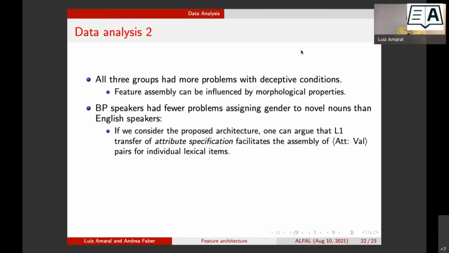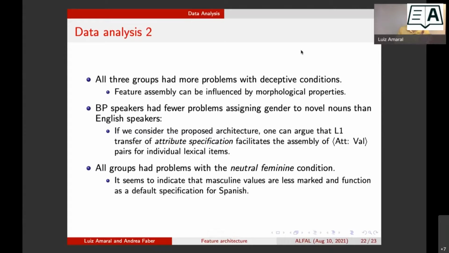So that's another contribution to using these architectures, to say, okay, there are 2 things here in feature reassembly. One is attribute specification, the other is the right value. So we say, well, we think based on these results that positive transfer of attribute specification helps feature reassembly, right? All groups had problems with neuter feminine conditions.